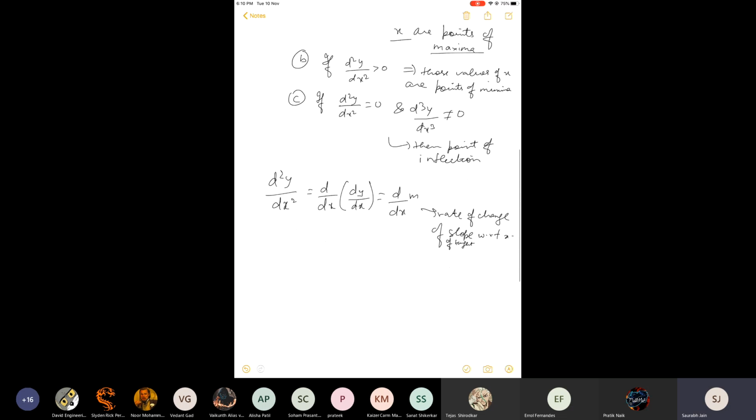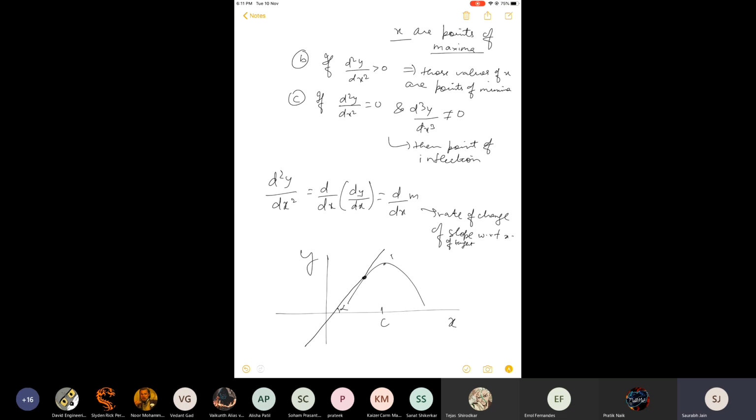So for example, you have this function. Now, in this case, the slope is positive. Why? Acute angle. Suppose there is this point C, and I want to know whether it is maxima or minima. From the graph, it is obvious it is maxima.